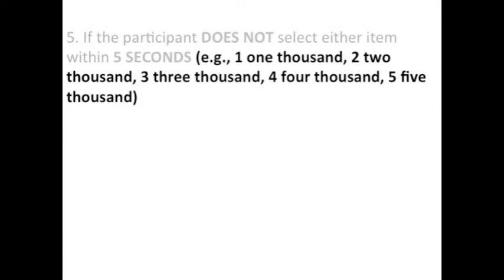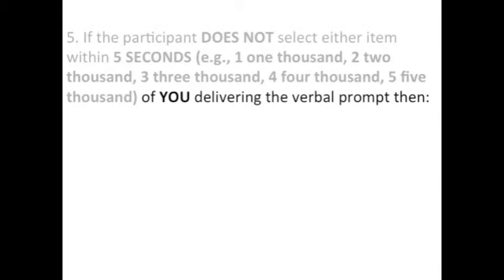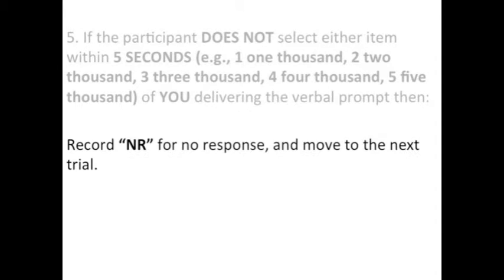If the participant does not select either item within 5 seconds, for example, 1 1000, 2 1000, 3 1000, 4 1000, 5 1000, of you delivering the verbal prompt, then record NR for no response and move to the next trial.